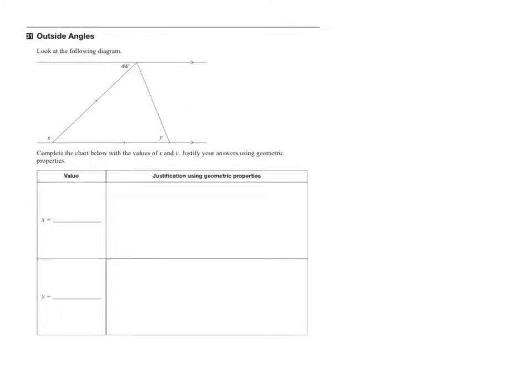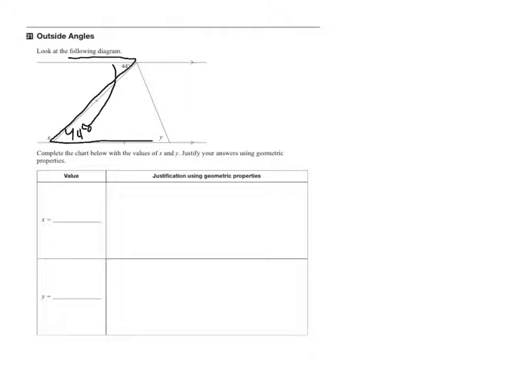We'll solve for x first. So one way you can do this is recognize that there is a Z pattern here, which means if this is 44 degrees, this is 44 degrees.